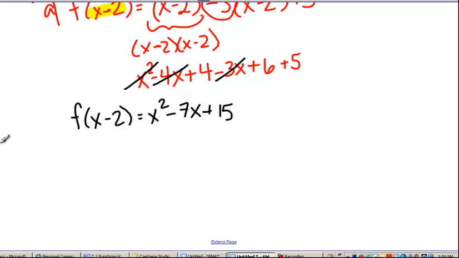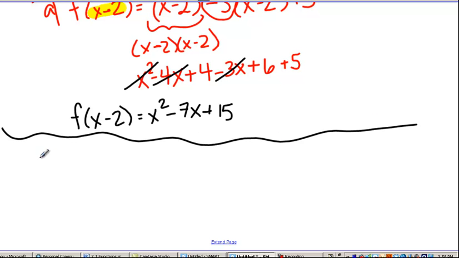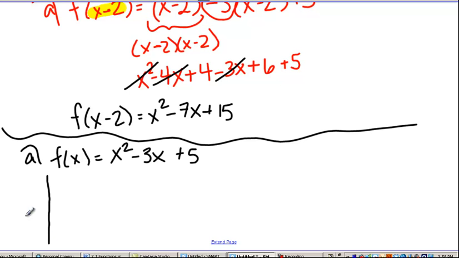Okay, now to find the domain and range: domain is your x values, range is your y. I'm going to give you a couple more problems. If your function rule is x squared minus 3x plus 5, this goes back to knowing your parent functions that we learned back in August.